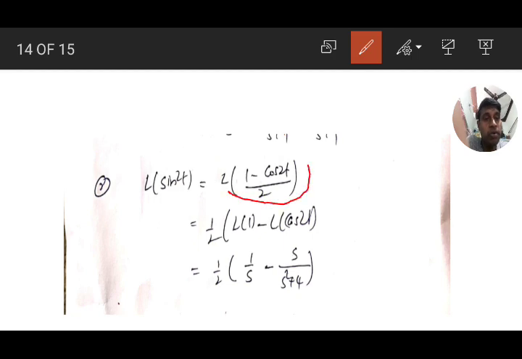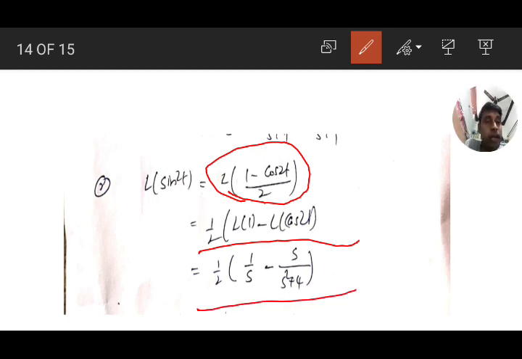By substituting this formula, with 1 by 2 as a coefficient outside, L of 1 minus L of cos 2t. The formula L of k is k by s, so k here is 1, and L of cos 2t formula is s by s square plus 4. We get the answer 1 by 2 into 1 by s minus s by s square plus 4.